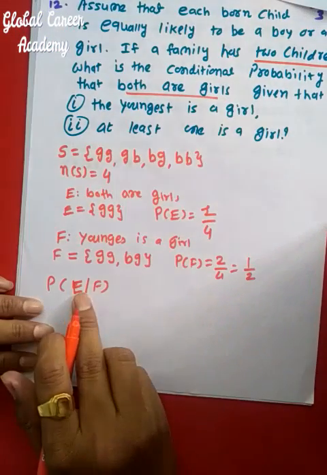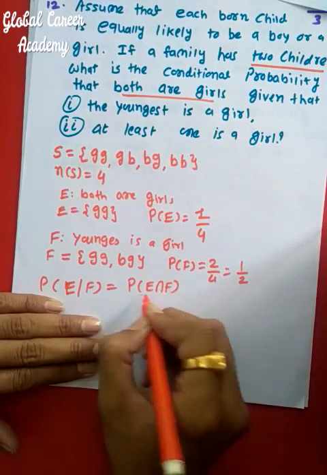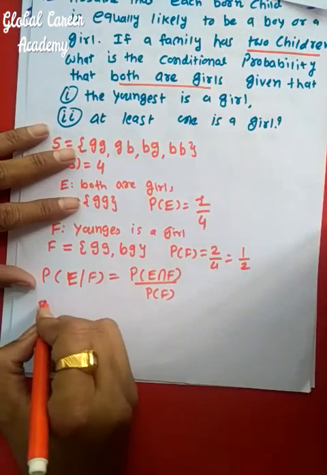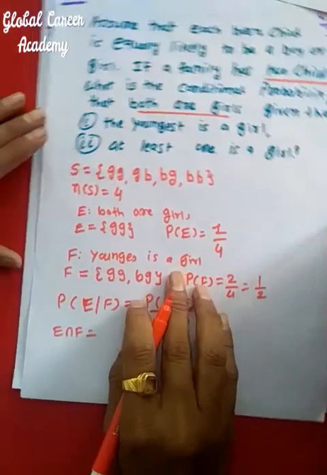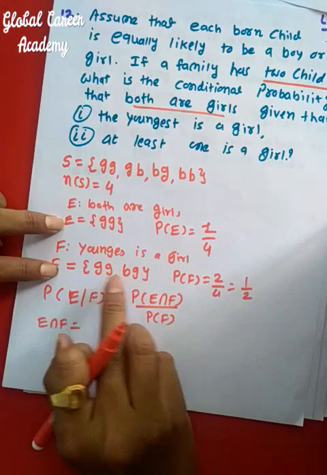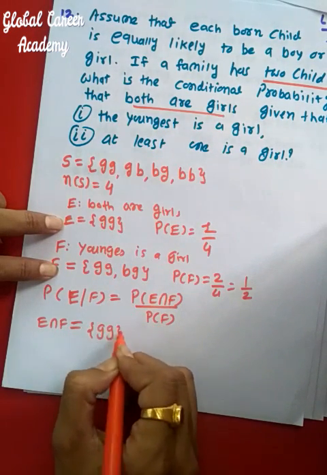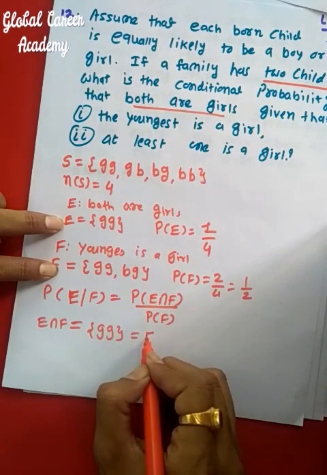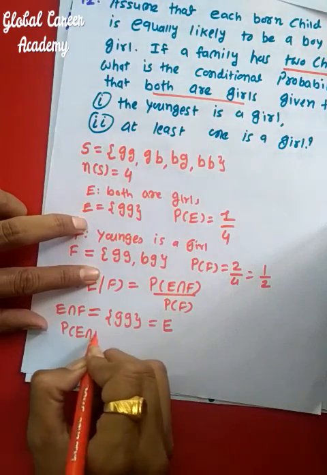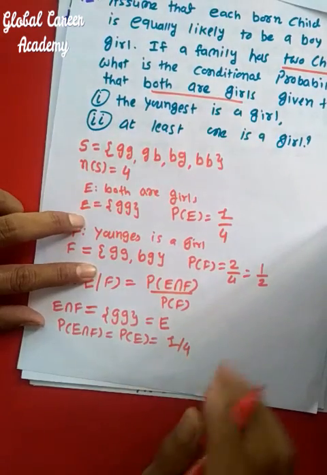So P of E given F can be written as P of E intersection F divided by P of F. For this you have to find out E intersection F. Here the sample space of E is GG, and the sample space of F is GG and BG. So the common is GG, and it is the same as the sample space of E. The probability of E intersection F is the same as the probability of E, which is 1/4.